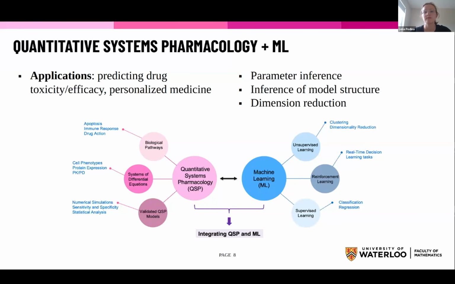Rather than time-consumingly, painstakingly distilling literature and making assumptions, you can use machine learning to offload some of that burden. Some of the more common directions of integration are parameter inference, inference of model structure, and dimension reduction.